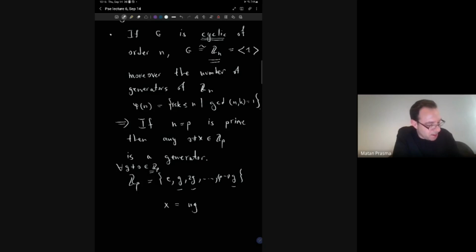But to find n explicitly, if p is a large prime, such that x is equal to ng, is assumed to be a hard problem. So what you can do is choose any g as a generator, and this will be the basis of your logarithm problem. So it gives you flexibility.